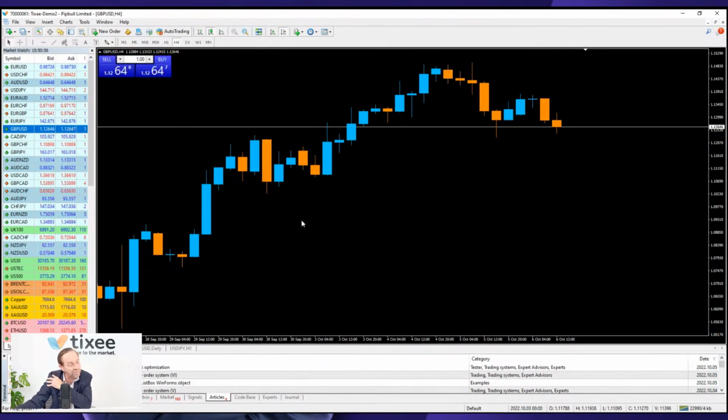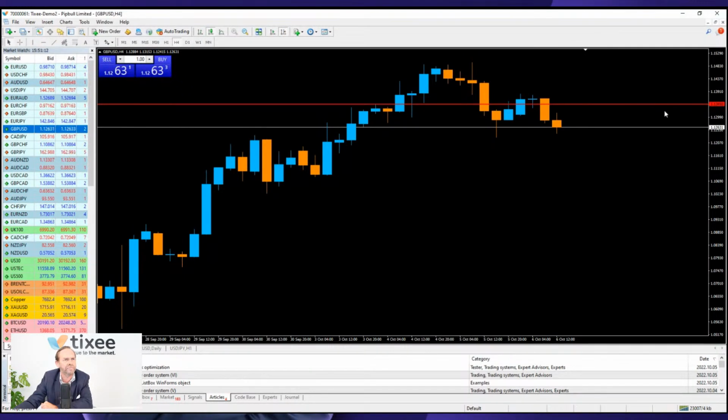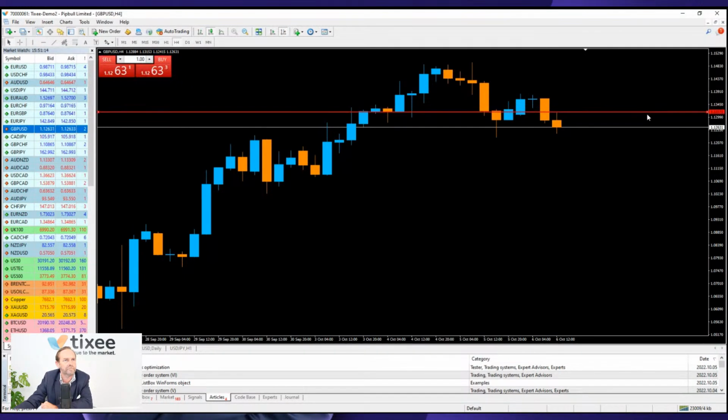So we've got our potential pivot point of 1.13112, which is around about here. Yeah, perfect there.